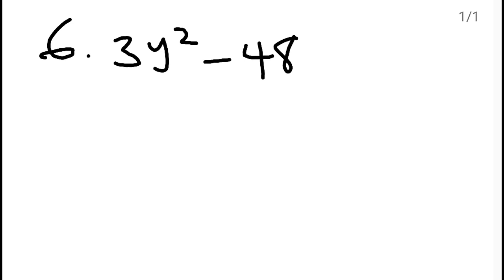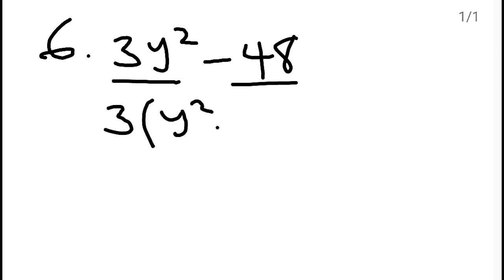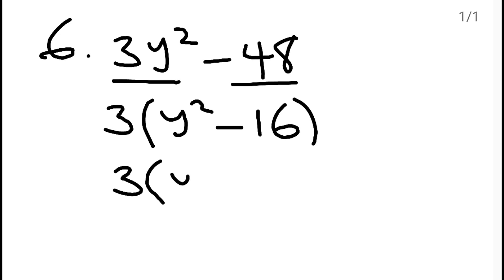We want to factorize this, but remember that these two terms are also not perfect squares, but there's a common factor 3 that can divide all. So we remove that 3, we factor out 3, so we remain with y squared minus 16, and this will be the same as 3 multiplied by y squared minus 4 squared.